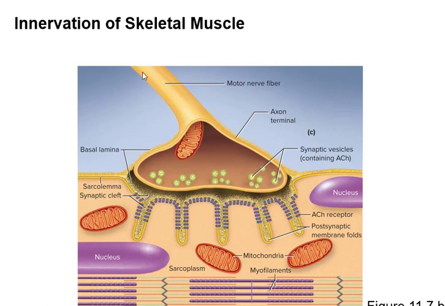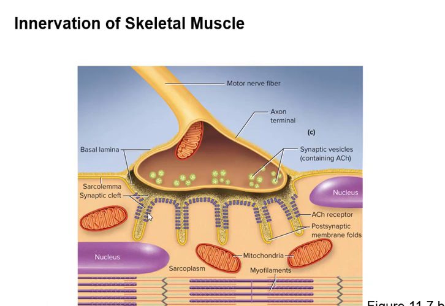And when an electric event occurs, a depolarization occurs, then you're going to release the acetylcholine into this gap, this synapse. So notice this does not touch. You have to have a gap. So you don't want to short this out with the electricity in this one going into the electricity in this one.